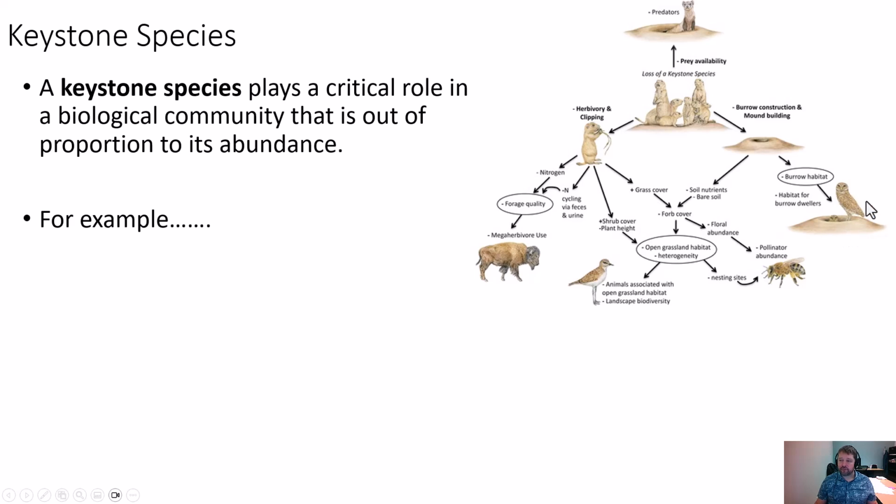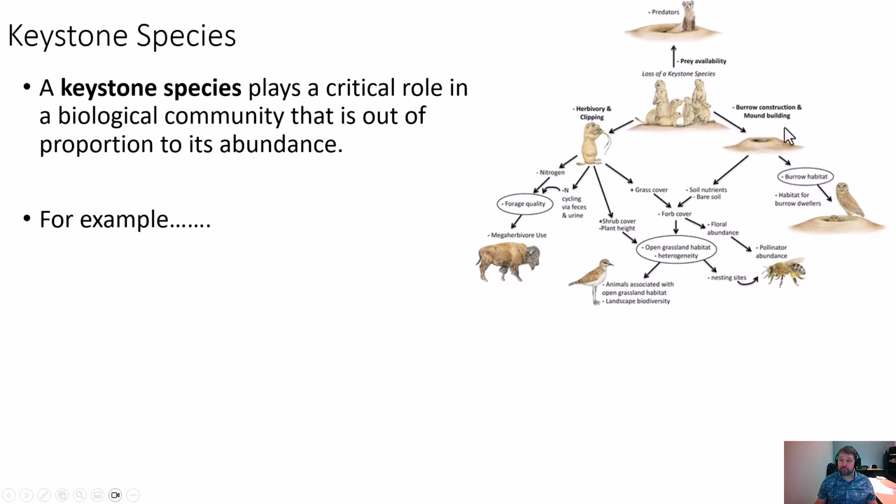There's other things that live in burrows to escape winter and things like that, like snakes and lizards and rabbits that will use these abandoned burrows, or it doesn't always have to be abandoned. Sometimes they kick prairie dogs out of their burrow, and the prairie dog has to just move over and dig a new one. But at any rate, you remove prairie dogs, you lose that habitat.